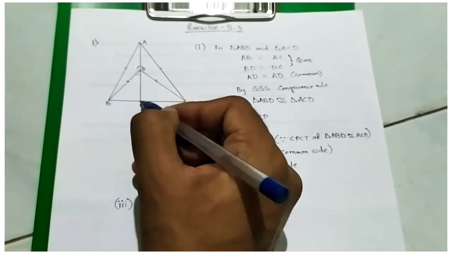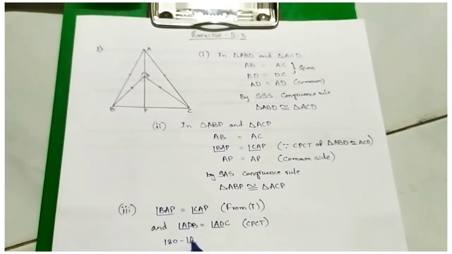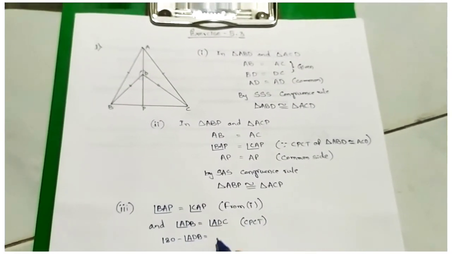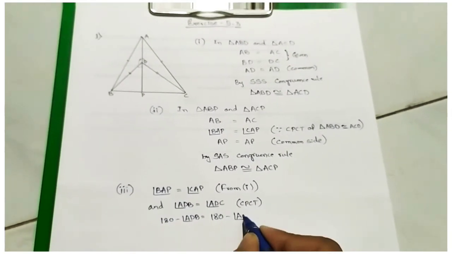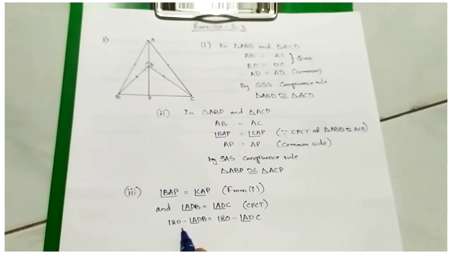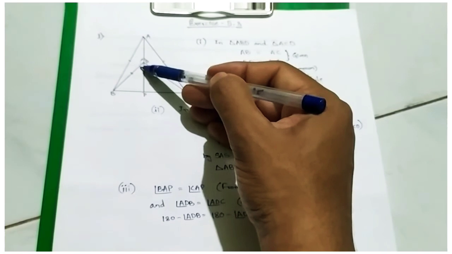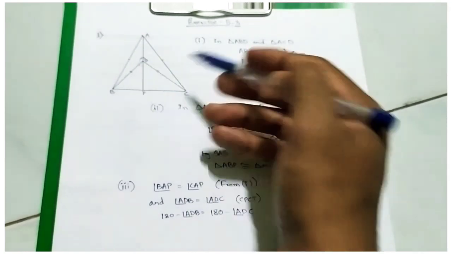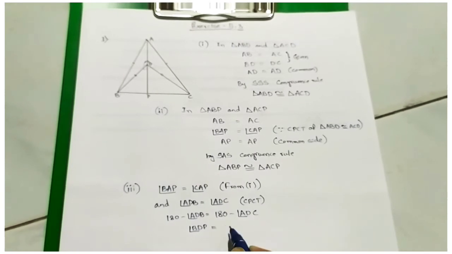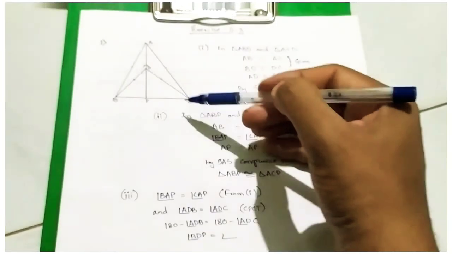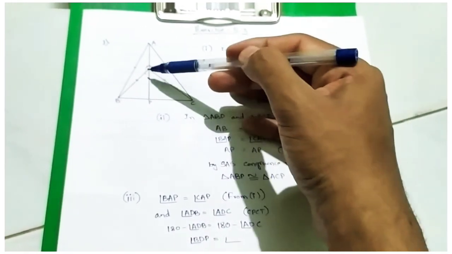So if you subtract from 180 degrees, you will get the inner angle, that is BDP. So 180 minus ADB. Similarly here also, if you subtract from 180, that is angle ADC, you will get CDP.